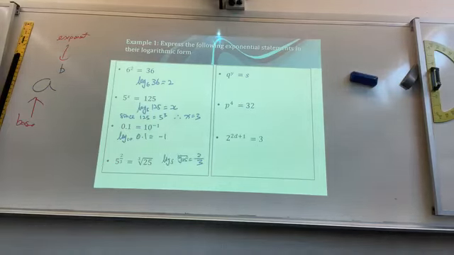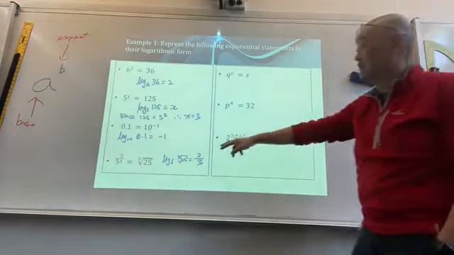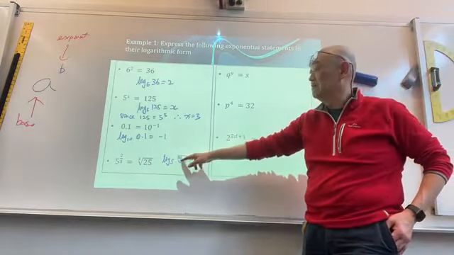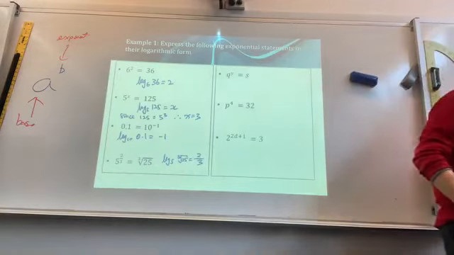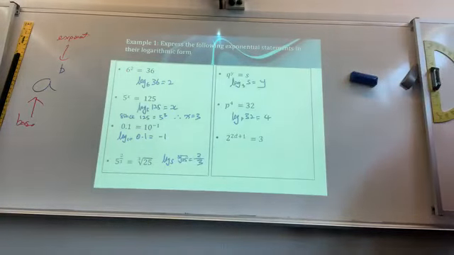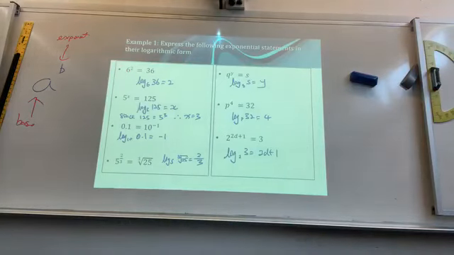Next one: 5 to the power of 2 root 3. So you do have the situation, this is just trying for you to learn how to change from the exponential function to the logarithmic form, that's all.